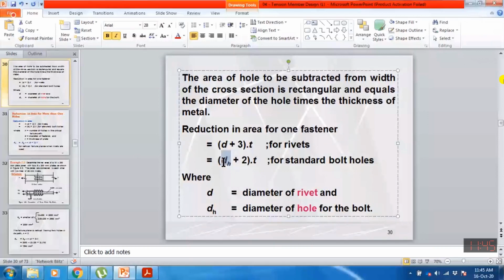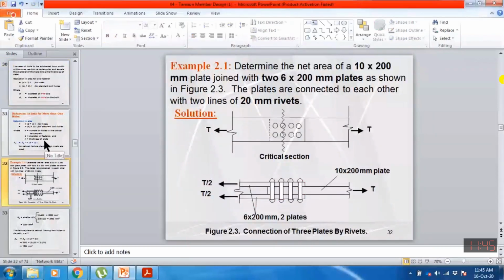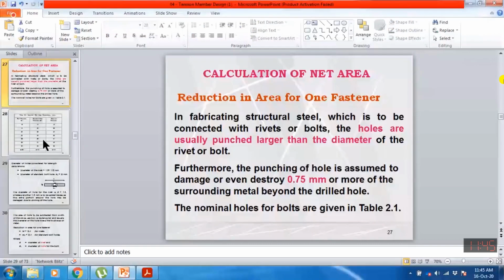And this hole size can be directly seen in a table which is provided by AISC. So let me check where this table is given. In the LRFD design aid, this table, I'm just checking. So, sorry, this table.